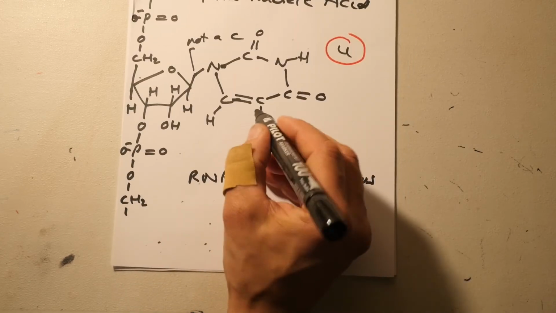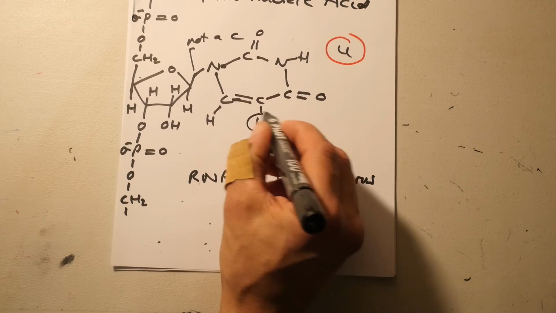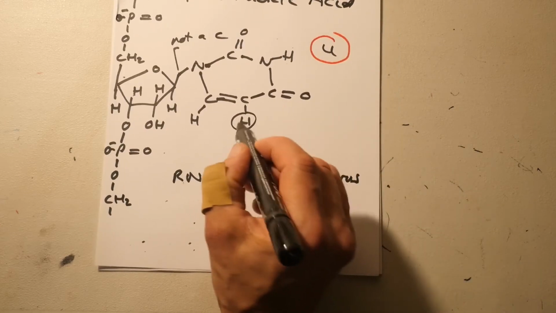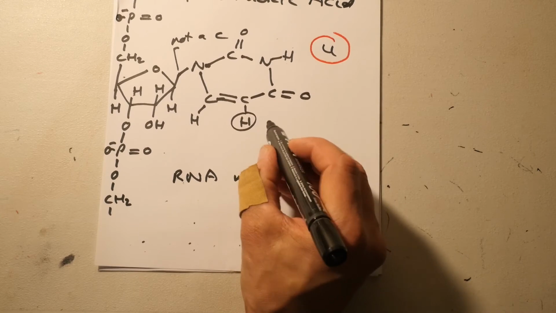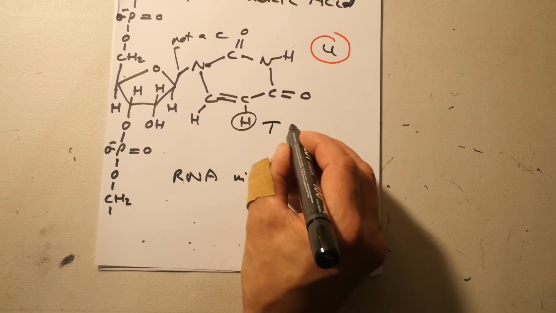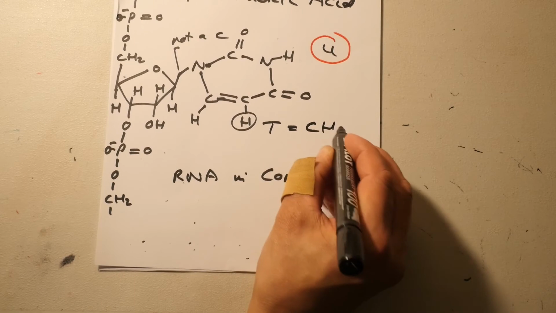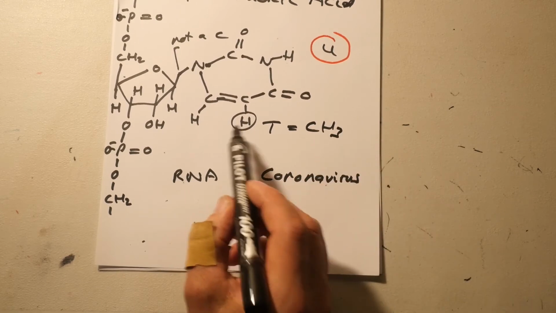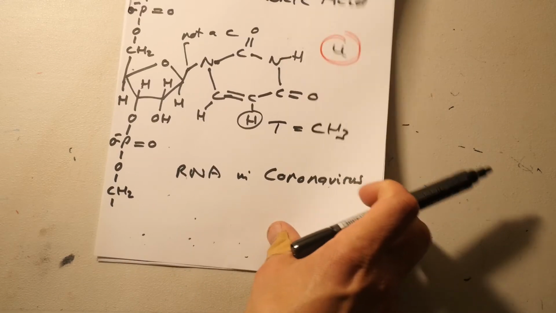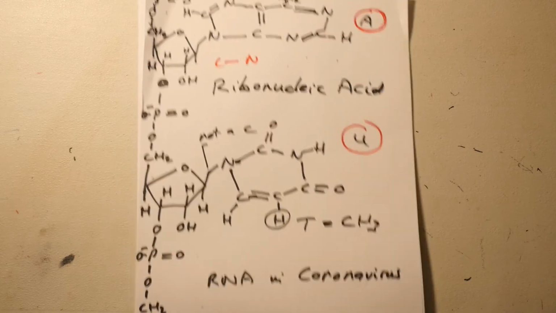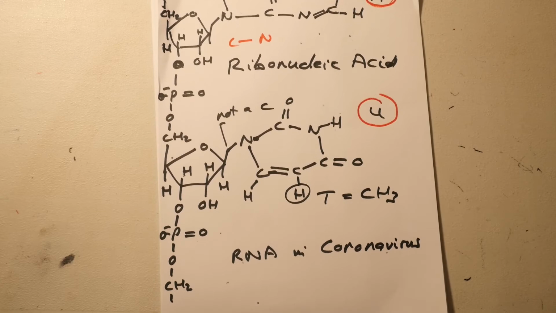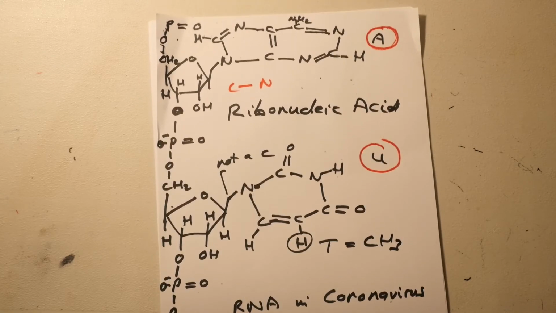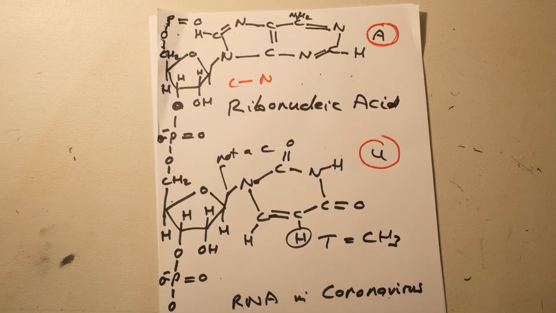Also, in uracil this is H, but in thymine that is CH3. So that gets replaced with CH3 in thymine. So that's the uracil molecule.